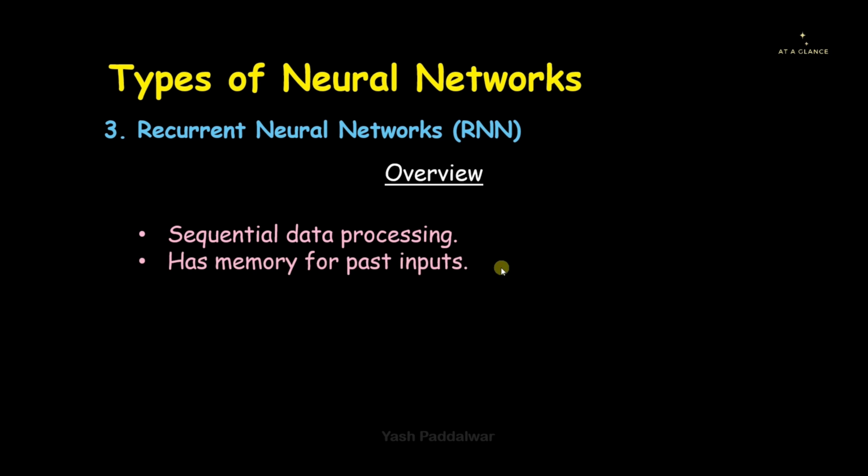It has a memory for past inputs. If you remember, CNN and FNN did not have this memory feature, but this RNN has this memory feature which will store the past inputs, and because of this it is used for long sequences. It is used in text or speech analysis. So that was all about the overview of RNN.